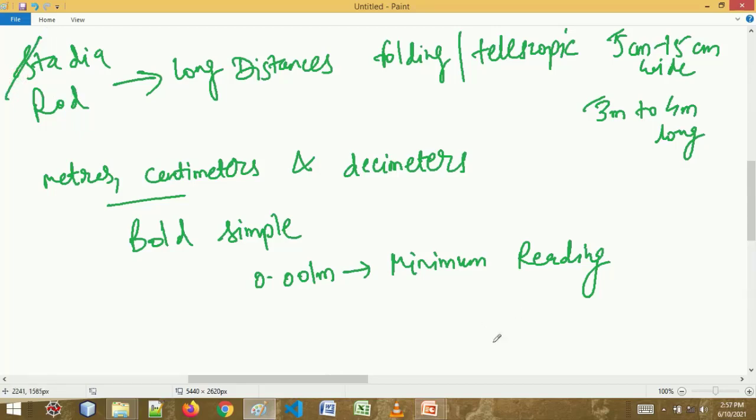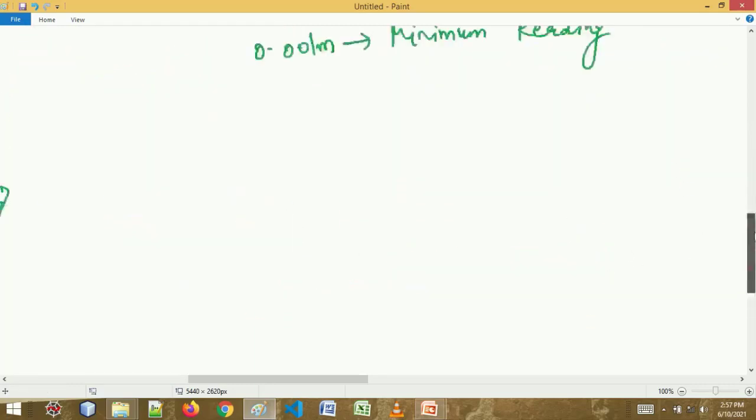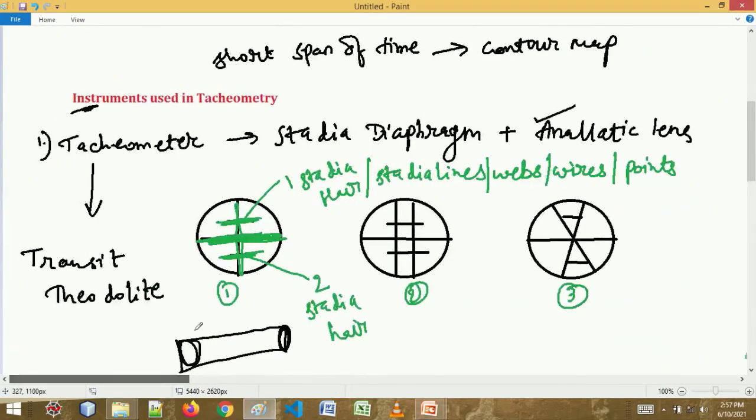So we have seen the two instruments which are used in tachymetry. Number one is a tachyometer, having a stadia diaphragm and an analytical lens. This tachyometer is also known as a transit theodolite, which is a telescope having stadia diaphragms.